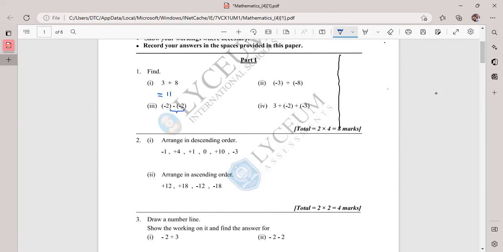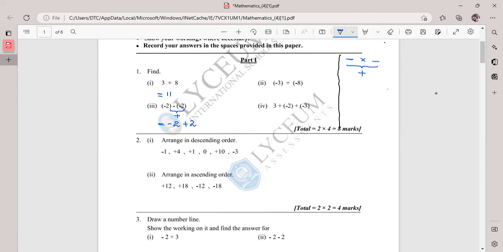Because you know that with the bracket we have multiplication. So we have learned that when you multiply a negative by a negative, that should be positive, right? Therefore this becomes positive. Then I will rewrite the question, -2 plus 2. Can you understand how it becomes +2, because of the negative and negative?